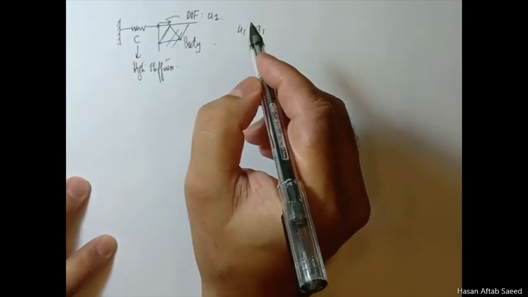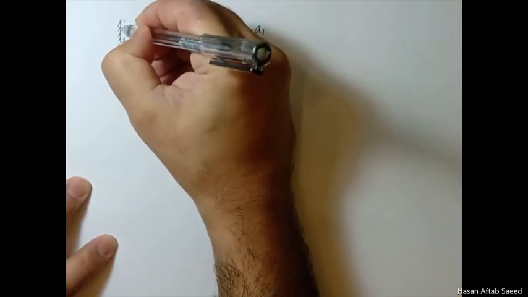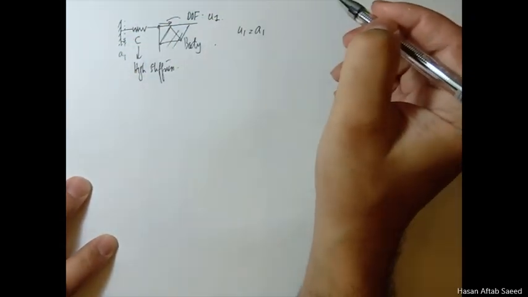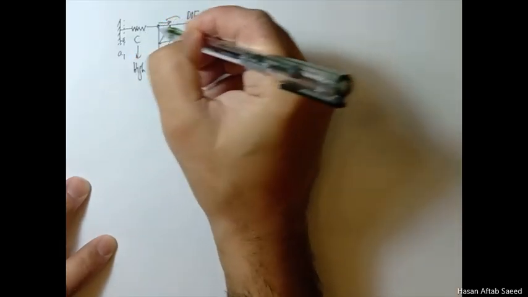We'll talk about how high this stiffness needs to be. And what we do is we move this side of the spring by a distance a1, not this point.